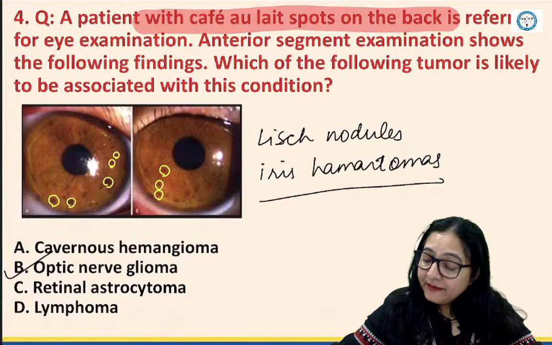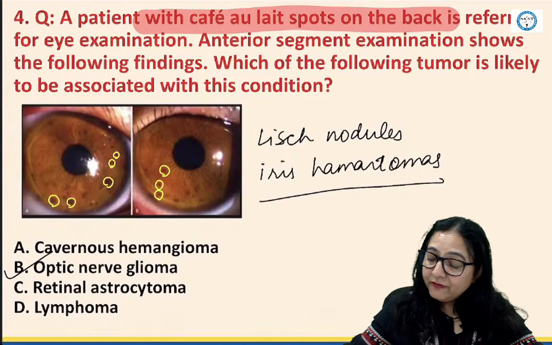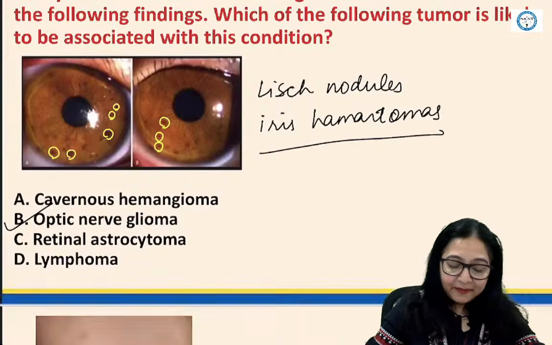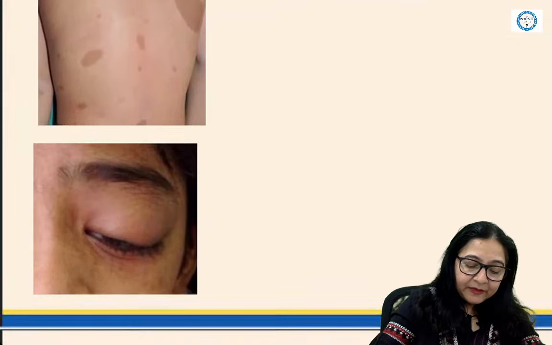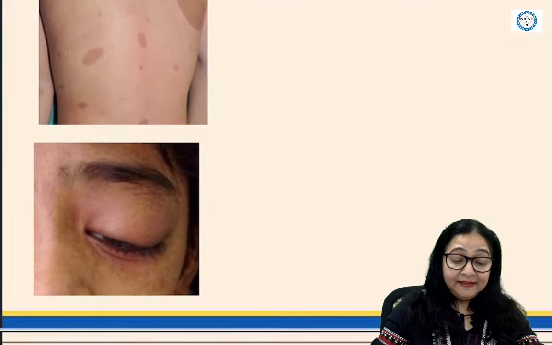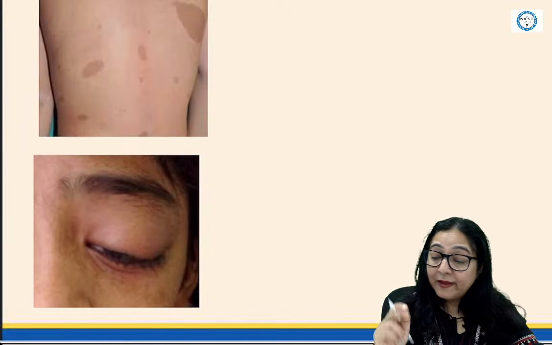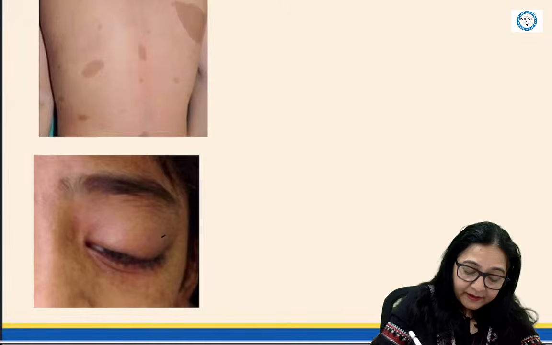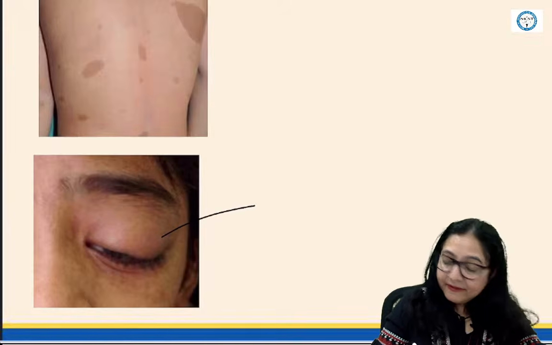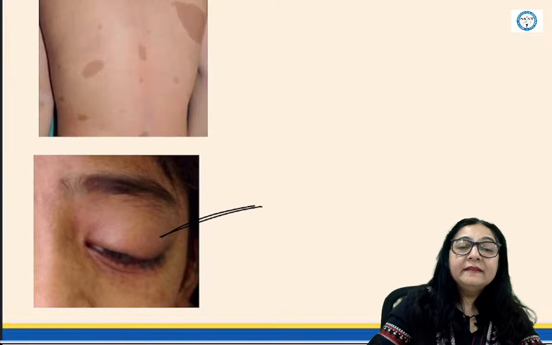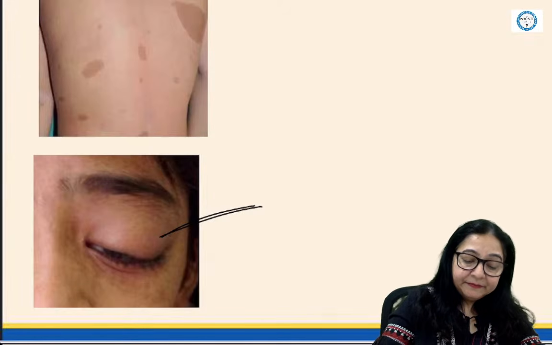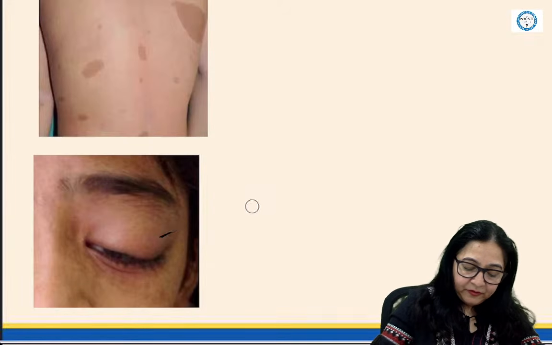Okay, so another question related to neurofibromatosis can be there, beta. There can be a lid tumor seen in these cases as well. Which tumor is here, beta? See the finding in the lid here. Let me show you this picture.